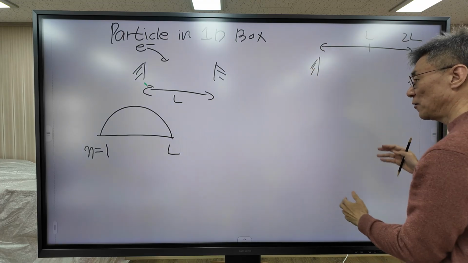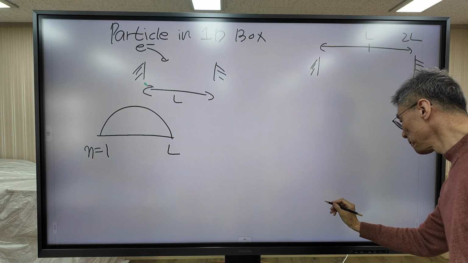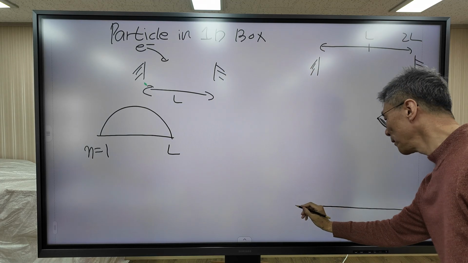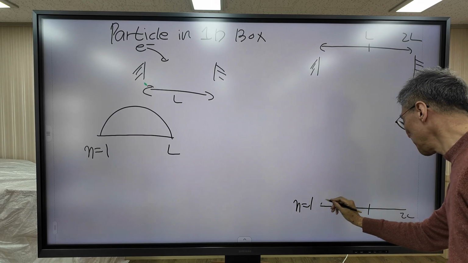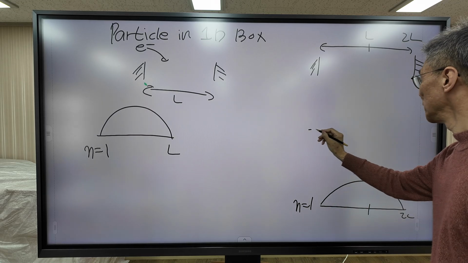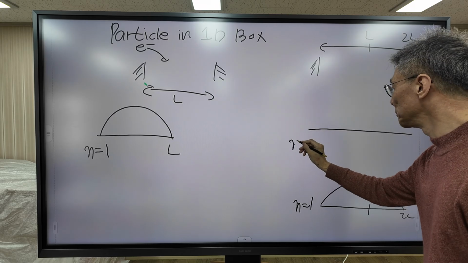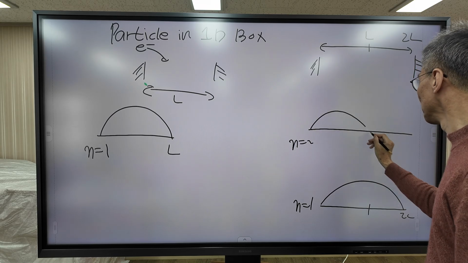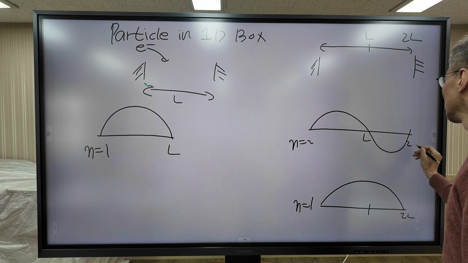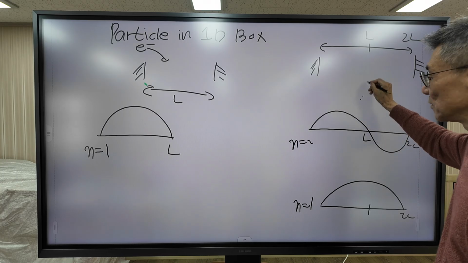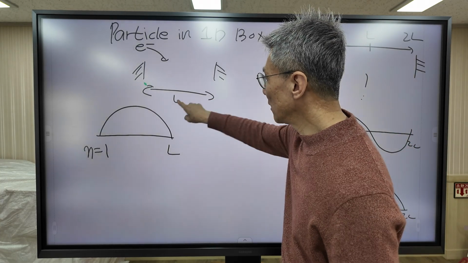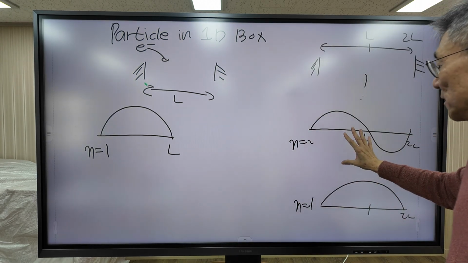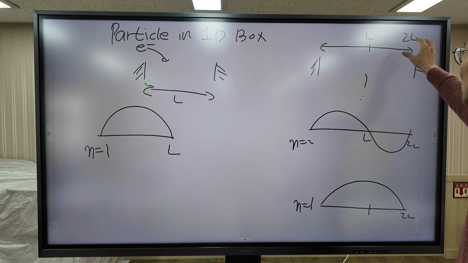Then how does the wave function look? For n equals 1, it looks like this one. For n equals 2, it looks like this one. For n equals 3, and so on. This is the wave function for length L. This is the wave function for 2L.